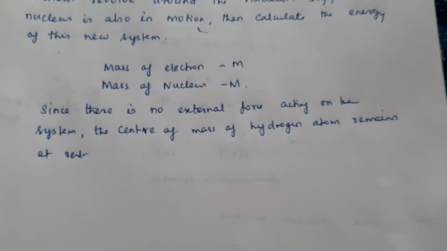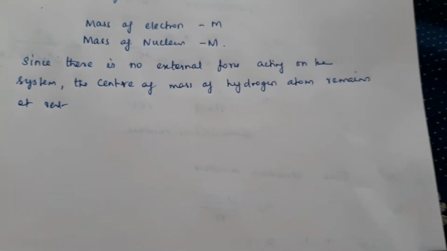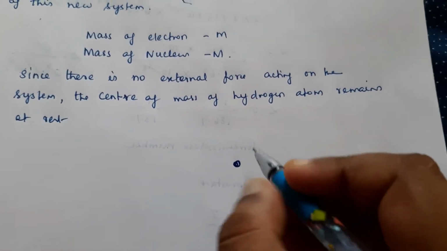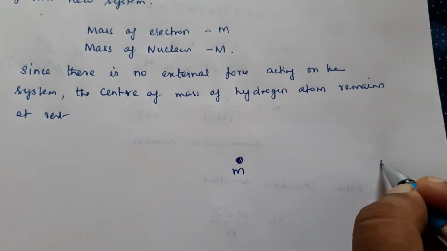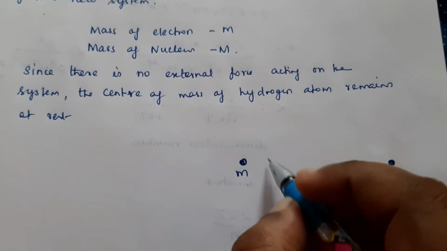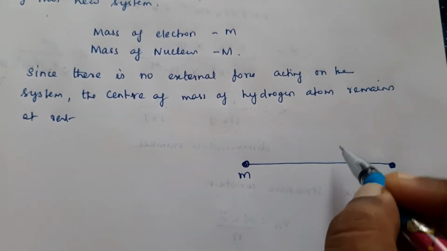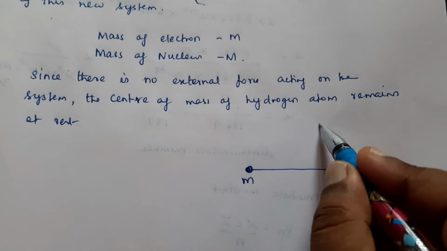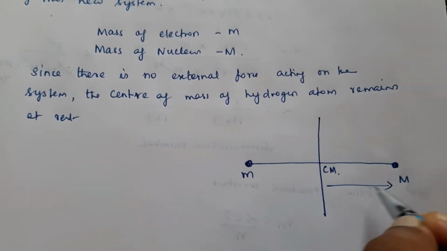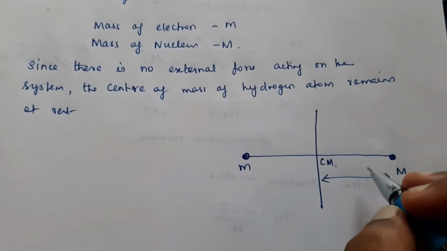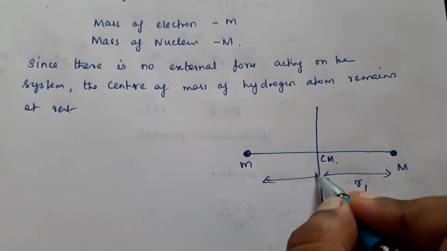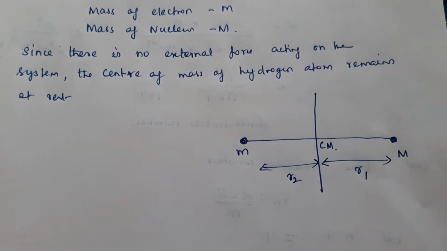Okay, so we can draw the diagram here. This is your electron and this is the nucleus. Now this is the line connecting them, and here is the center of mass. The distance between the axis and the nucleus is r1, and this distance is r2.